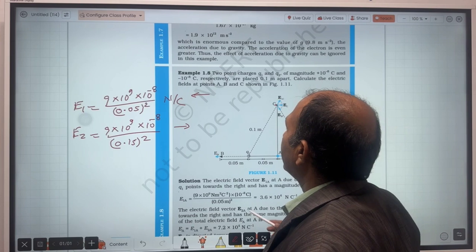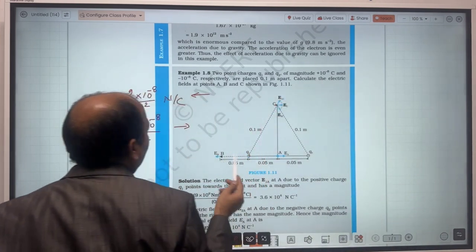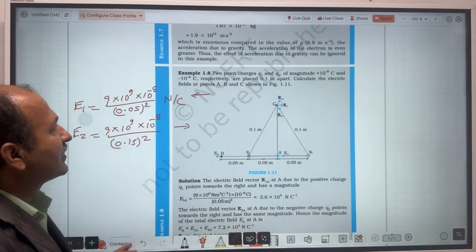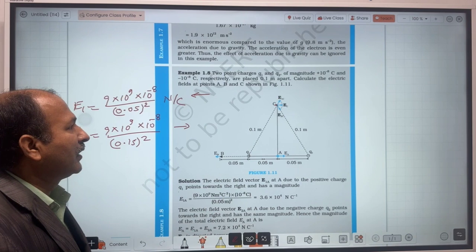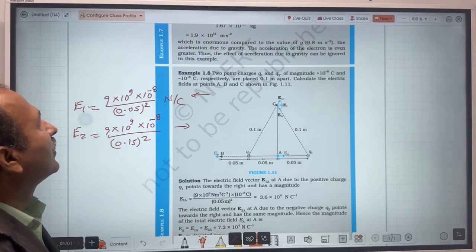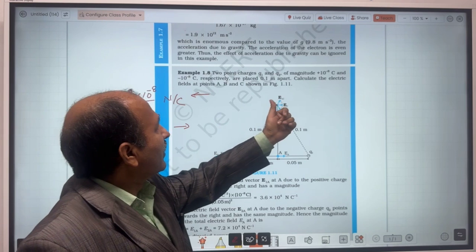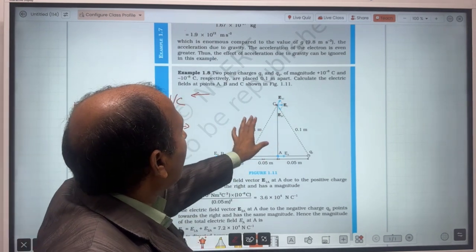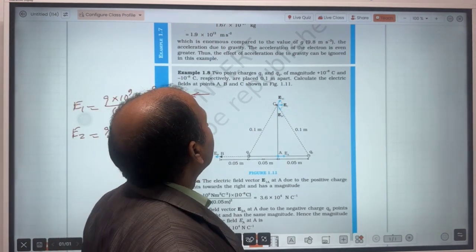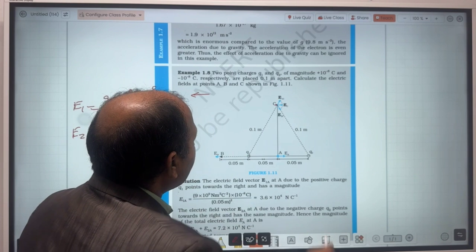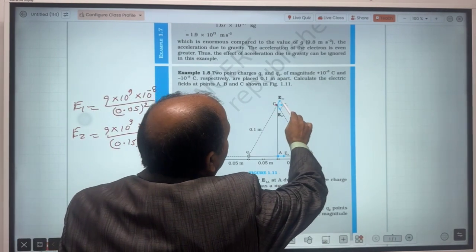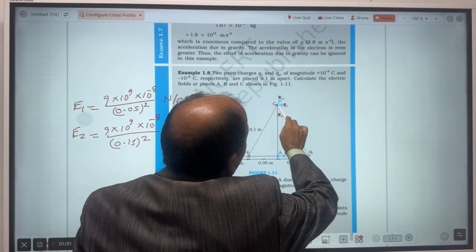So you can easily find that if two equal vectors are inclined at 120 degree, the resultant will be equal to either vector. The same thing will happen here. So its magnitude will be either field, and the direction will be at 60 degree to any.